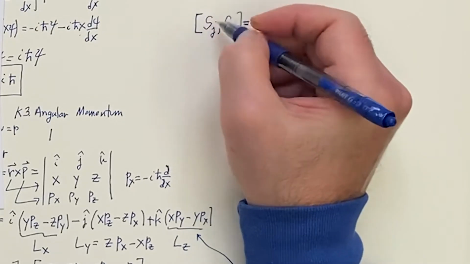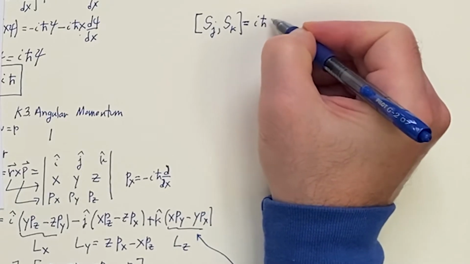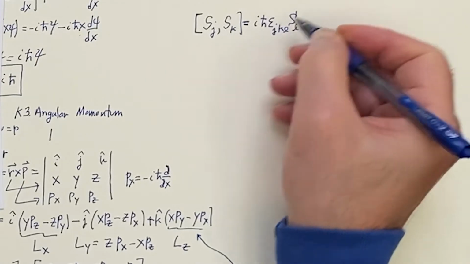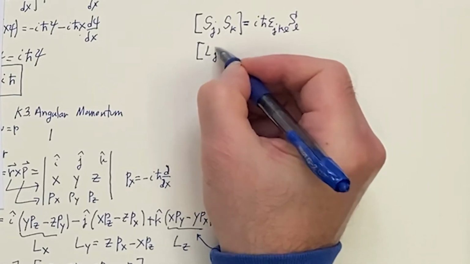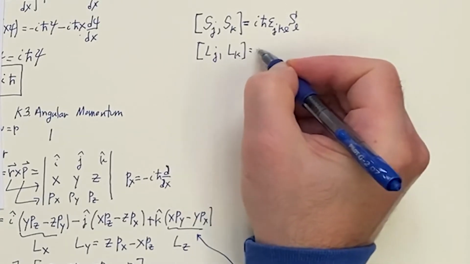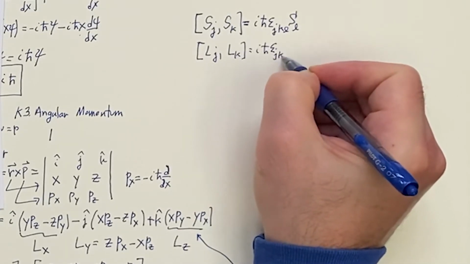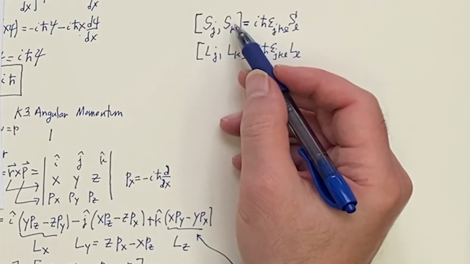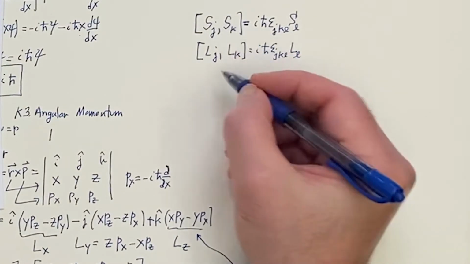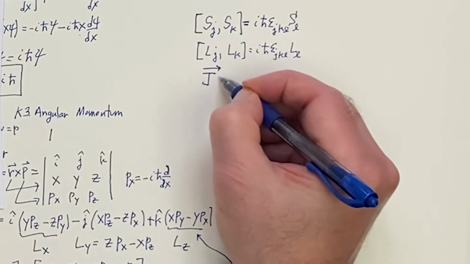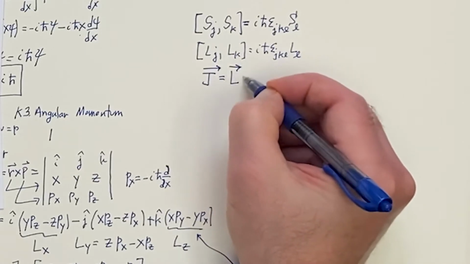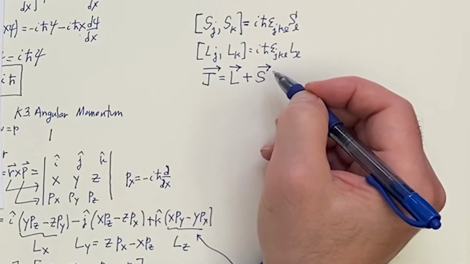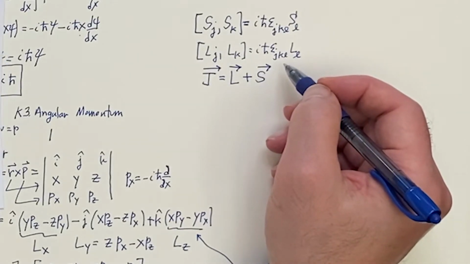So we have the same algebra with the S's as we do with the L's. Orbital and intrinsic spin. Fascinating. So the total angular momentum J would be the orbital plus the spin. And now you can see things like this from chemistry where you learn about the spin of the electron.